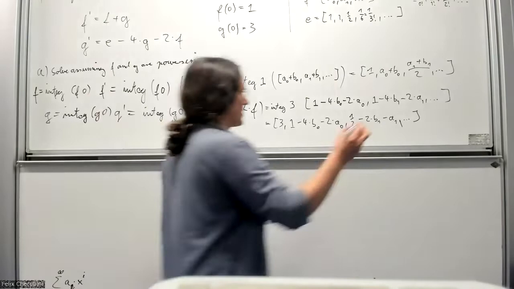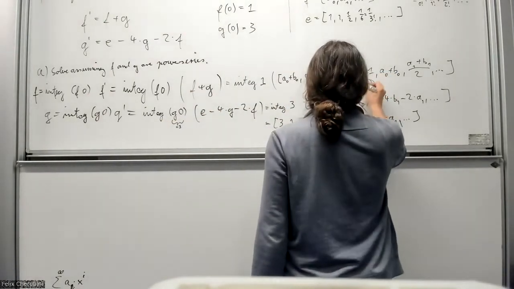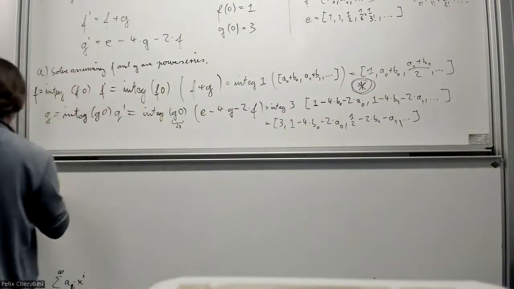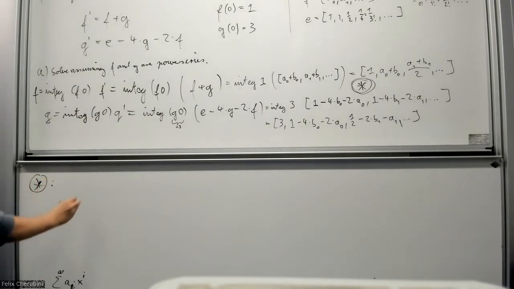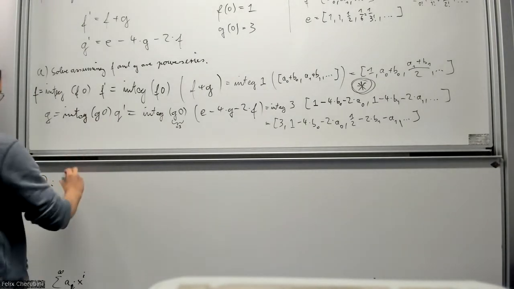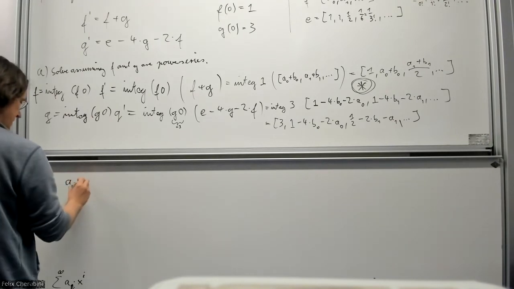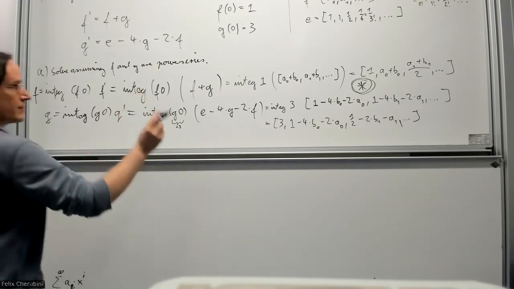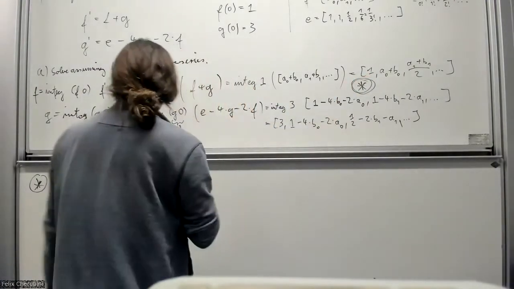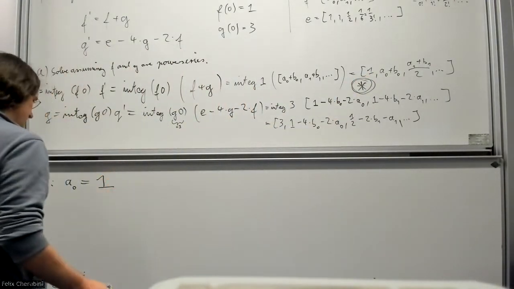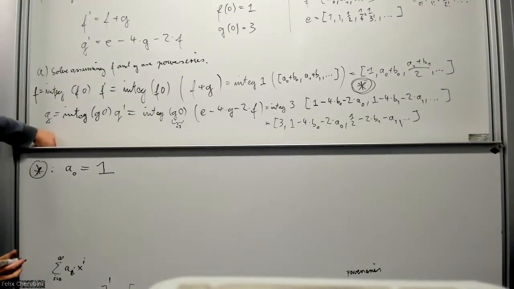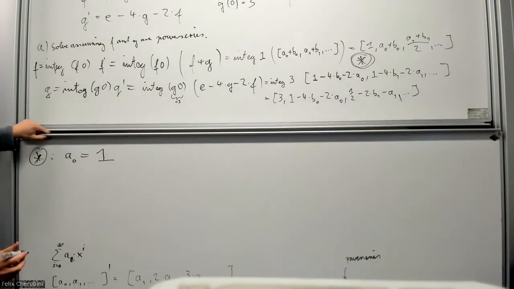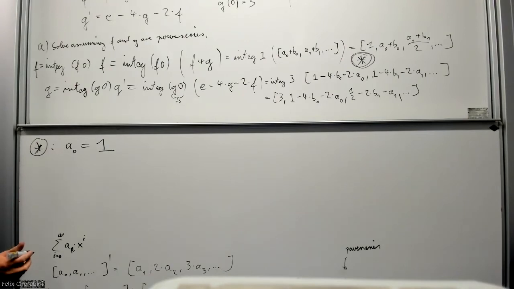So maybe let's mark this in some way and say, from this we know A0 is the first one of these, so it's 1. We were asked to explain something, so we could say something like, my notation is actually not so great.